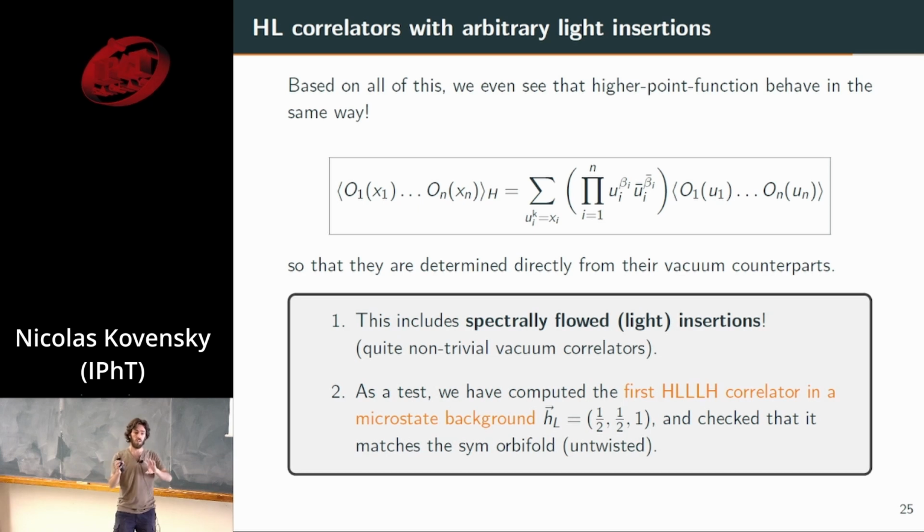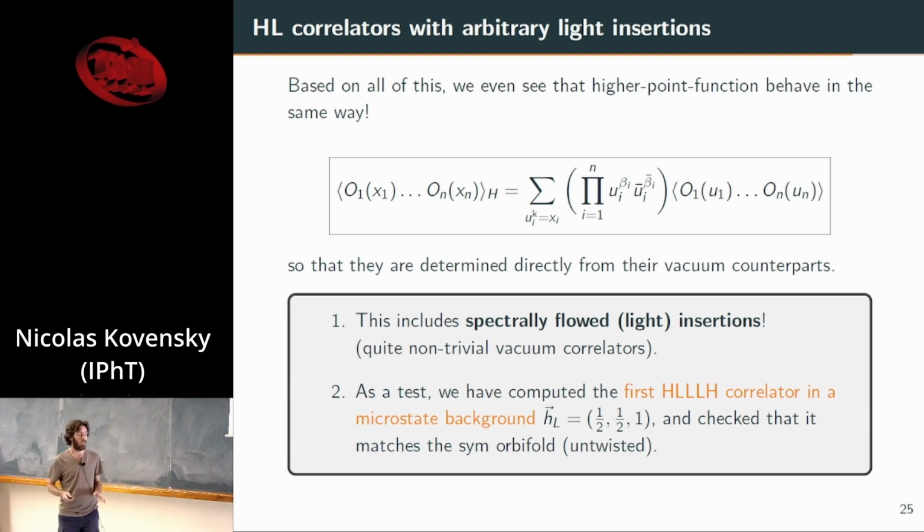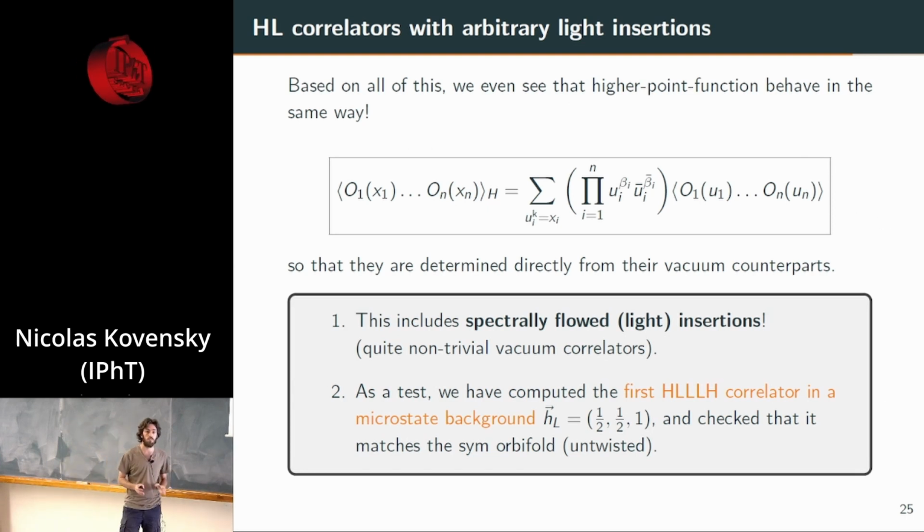We computed that in the symmetric orbifold theory exactly, and then we compared that to the formula you get from this more general formula for arbitrary light insertions, in this case 3, and you can show again that the result matches exactly. So we expect this formula to hold for arbitrary J-Mart size and an arbitrary number of light insertions in the chiral primary multiplets.